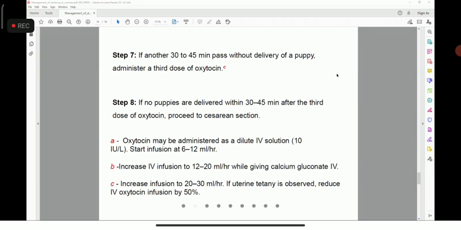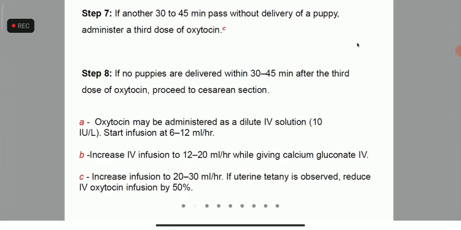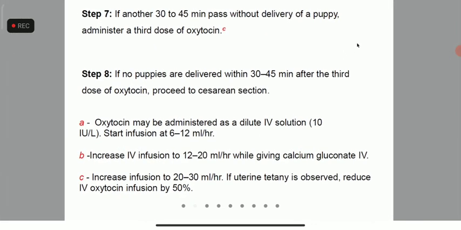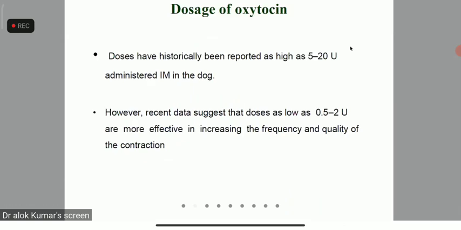But after 4 or 5 shots, when that limit is reached and there is still no delivery, you straight away go for cesarean section. Definitely there is some abnormal position or something hindering, so now you cannot put much pressure, and you can go straightforward for cesarean operation.